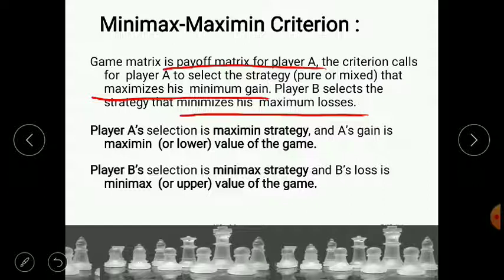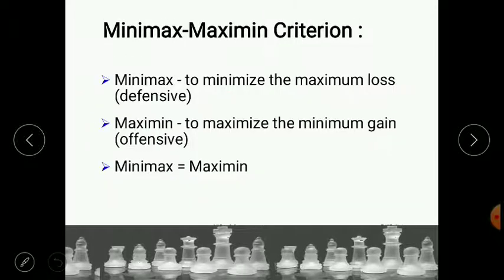So, in other words, player A's selection is the maximin strategy, and A's gain is the maximin or lower value of the game. Whereas on the other side, player B's selection is the minimax strategy, and player B's loss is the minimax or the upper value of the game, right?